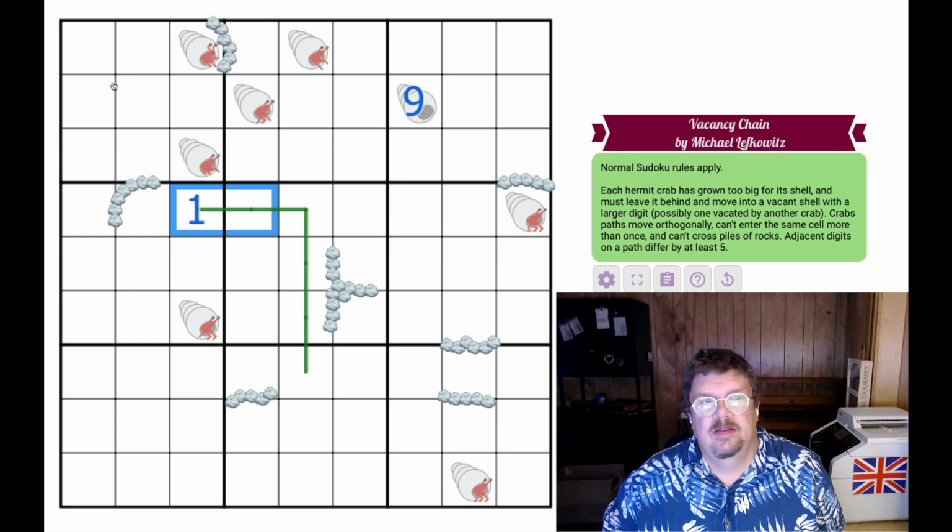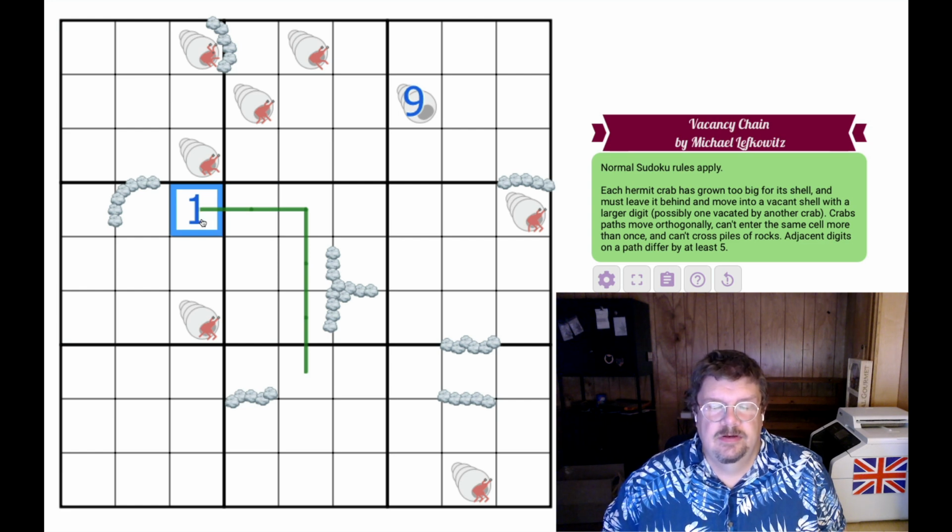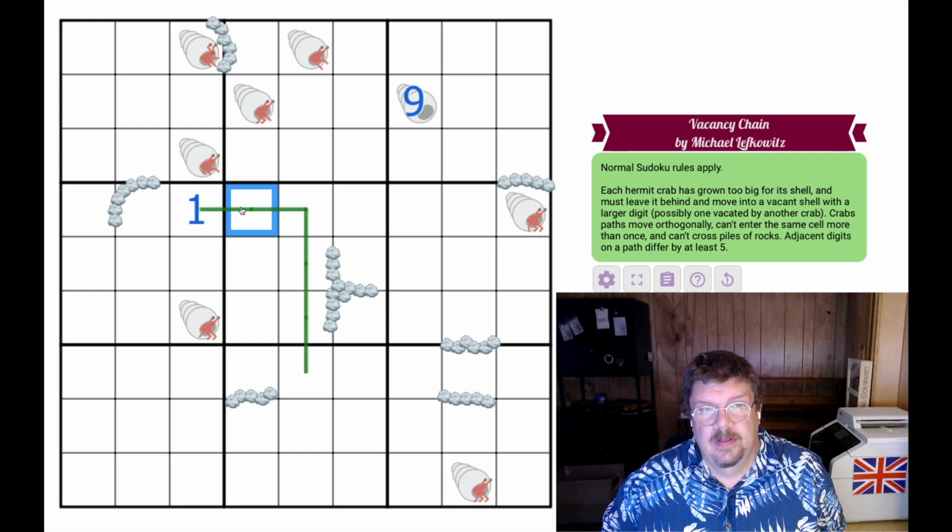But if we colored this entire grid like it were a chessboard, then all the low digits would end up on one of the two colors that I'm shading the grid, and all of the high digits, if it's on the line, would be on the other color, so the bishop's color.